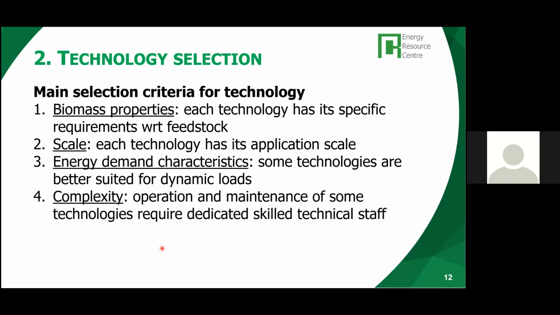The operation and maintenance of certain technologies is more complicated and requires a higher skilled technical staff than others. I should add this also relates to the scale of operations. Larger scale systems tend to be a bit more complex, and that adds to the need for higher skilled technical staff.